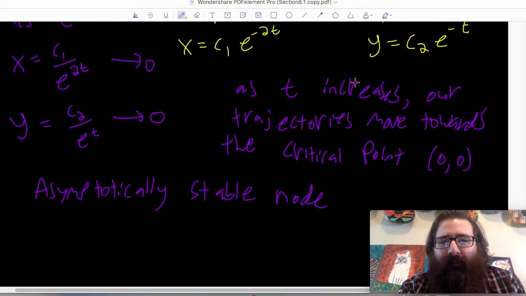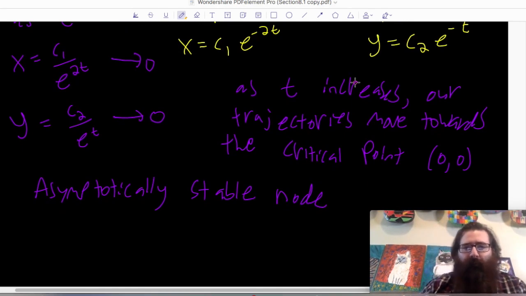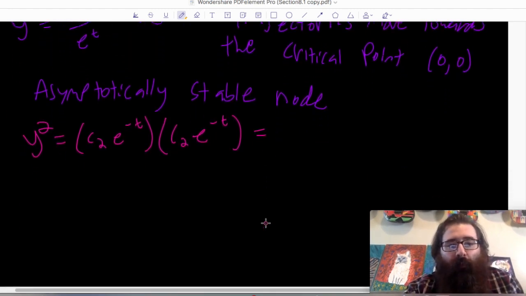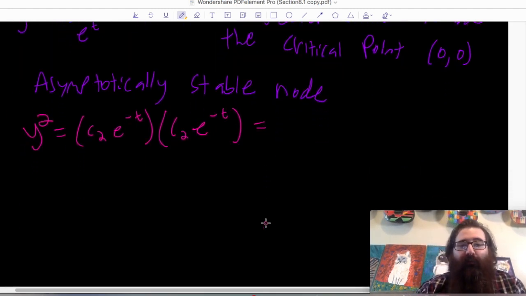And this one's a little bit trickier, but for example, if we took a look at y squared, if I square what I got for y, well, that would be c sub 2 e to the minus t times c sub 2 e to the minus t. And if I were to multiply this together, whatever c sub 2 is, now I'm squaring it, so that's c sub 2 squared.